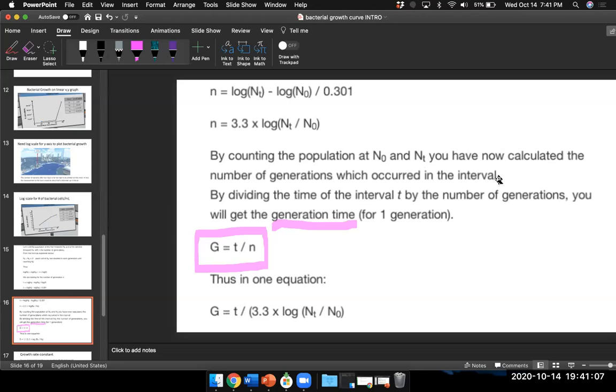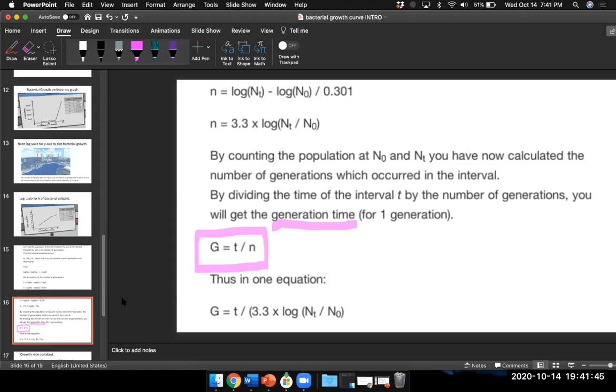So you found that little n, and then you can use the little n that you found to determine the length of one generation. Here it says by dividing the time of the interval t by the number of generations, little n, you will get the generation time for one generation. And that's the capital G. So one generation is the total amount of time divided by the total amount of generations in a sample.